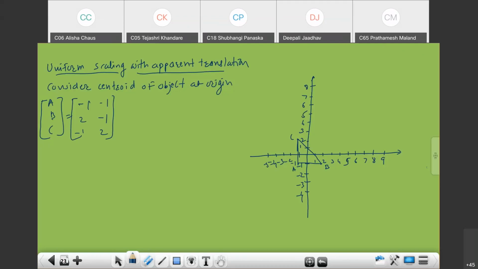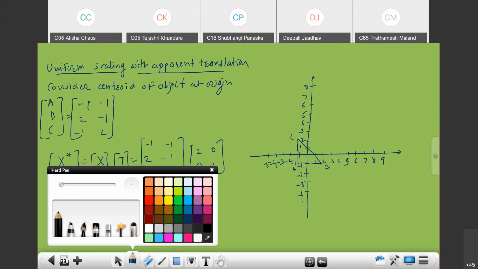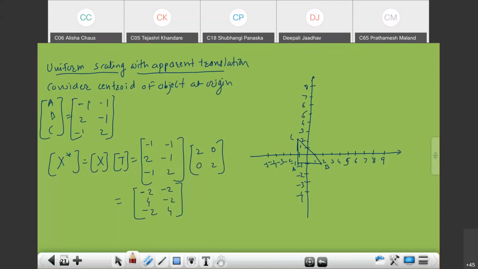Now we apply the scaling factor of size 2. So the new triangle x star is equal to the original multiplied with the transformation matrix T. -1, -1, 2, -1, -1, 2 and 2, 0, 0, 2, which results in -2, -2, 4, -2, -2, 4. Now I am going to draw it here. First one is -2, -2.